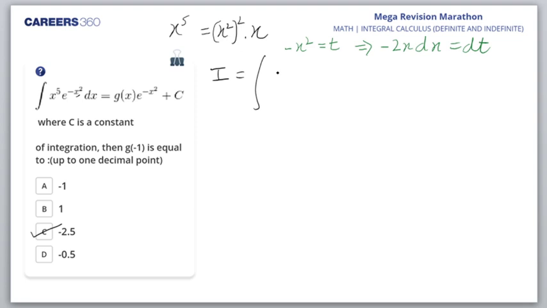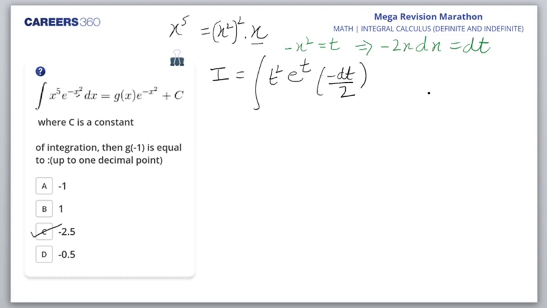Even if I put minus x square, then also because of the square, t square would come only, and because of this x and e raised to power t. And x dx I'll substitute as minus dt by 2. Isn't that right, students?